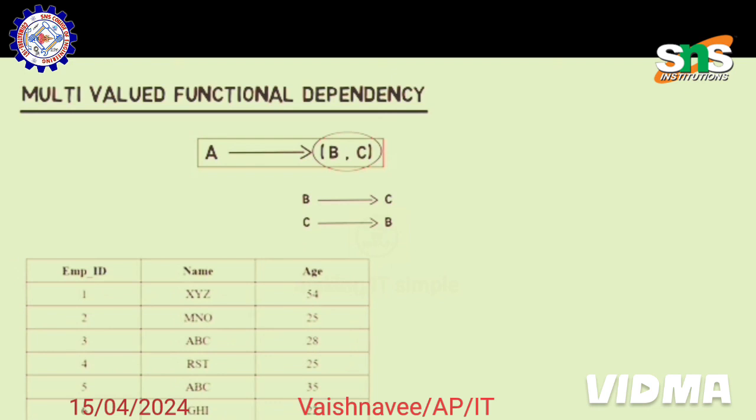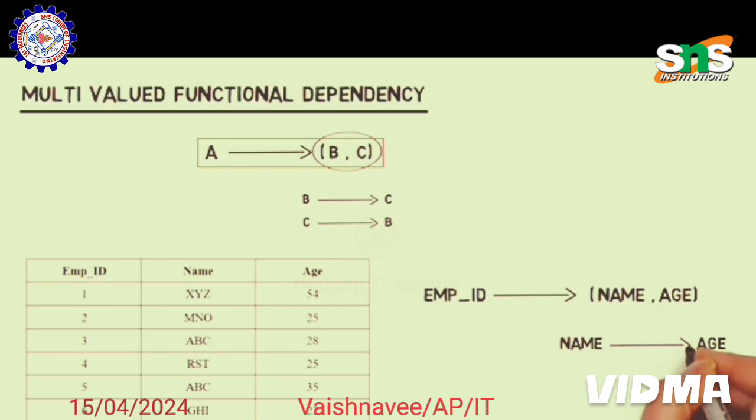Let us simplify this by using a simple example, the same employee table, and from that we write a functional dependency: employee ID determines name and age. Now when will this functional dependency become a multi-valued functional dependency? If there is no functional dependency between dependents.